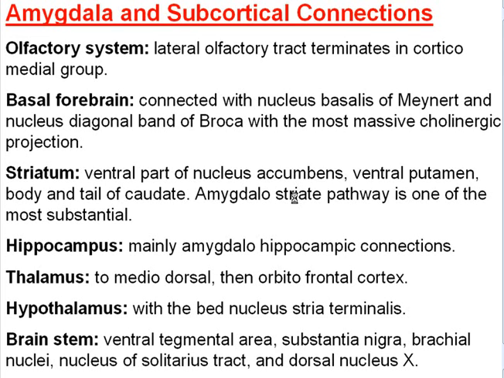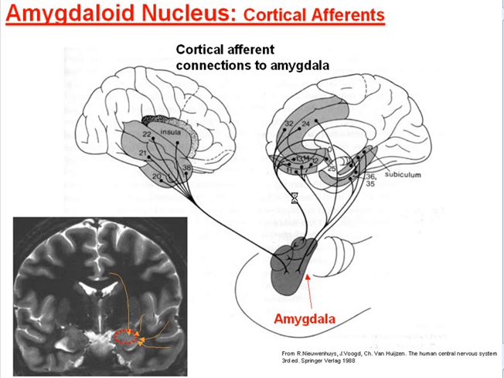Also there are hypothalamic connections, and the ventral tegmental area of the brainstem also has connections to the amygdala. The cortical afferents are from the insula and the lateral temporal cortex and temporal pole. Also the anterior portion of the cingulate gyrus and the parahippocampal gyrus.